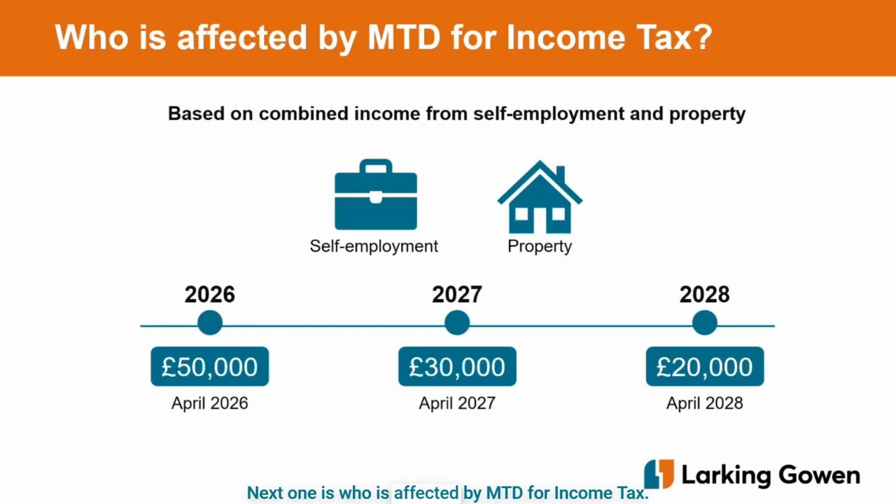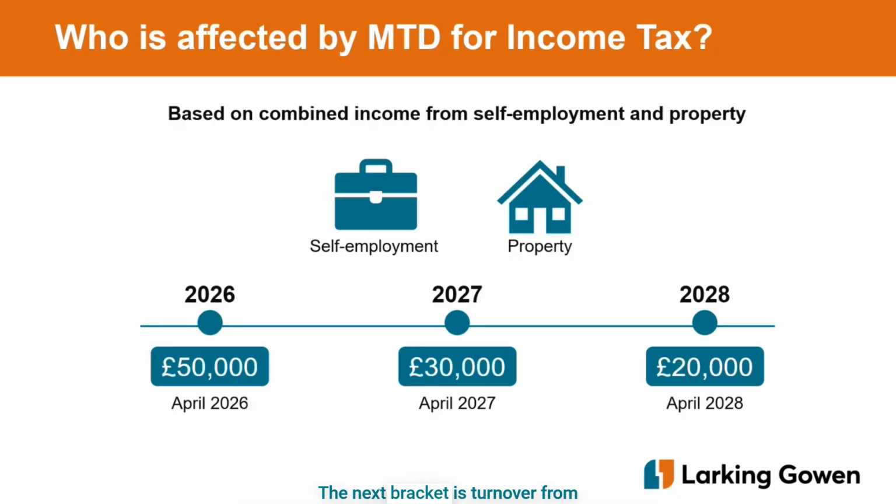Next one is who is affected by MTD for income tax. Now, the first one you'll see is April 26, and that is based on turnover from self-employment and properties based on your 24-25 tax return. So if your turnover, your income from self-employment and property income is over 50,000 on your 24-25 tax return, you will be mandated into the new MTD regime from April 26.